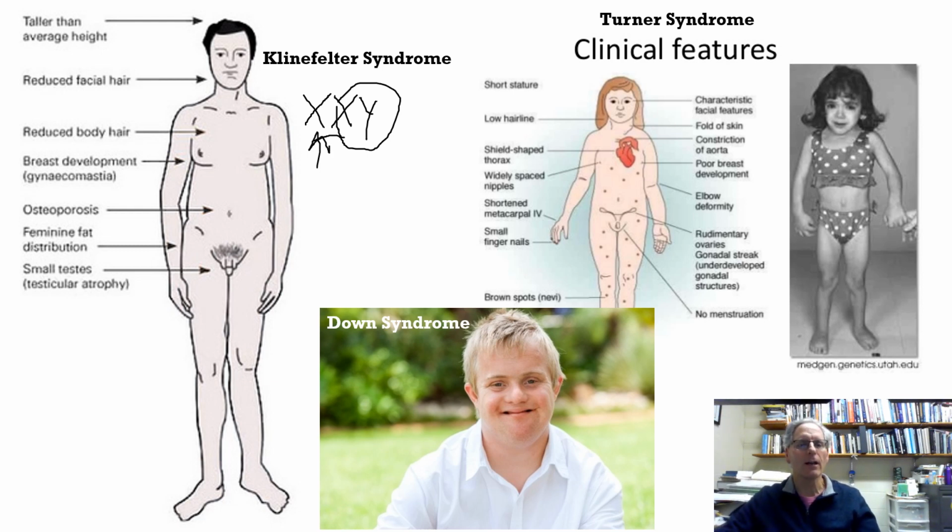You have gynecomastia, reduced body hair. You've added fat at the hips. You have some osteoporosis as well. Reduced facial hair. These individuals tend to be tall and lanky. They also tend to have hypogonadism.